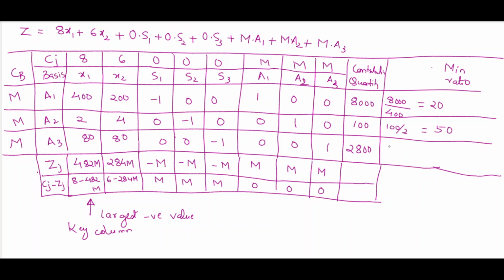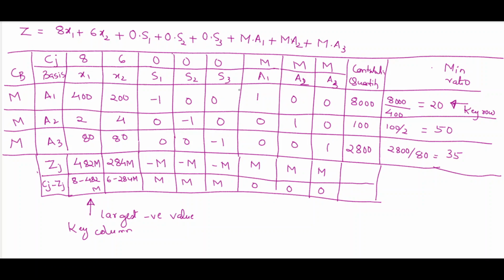Similarly, 2800 divided by 80 gives 35. Out of these three, the one with the minimum ratio will be your key row. You can see that 20 is the minimum ratio, so that is our key row.